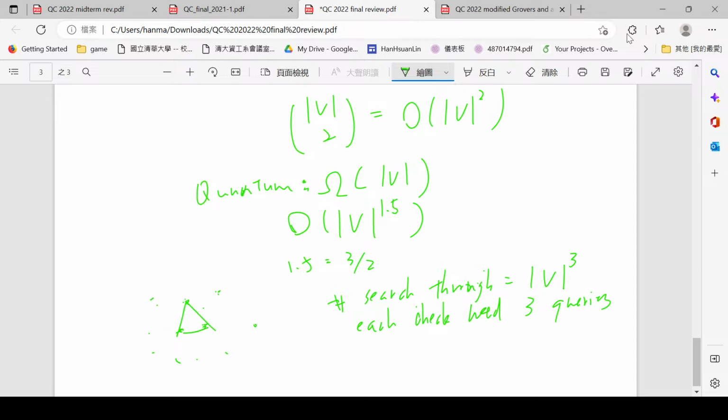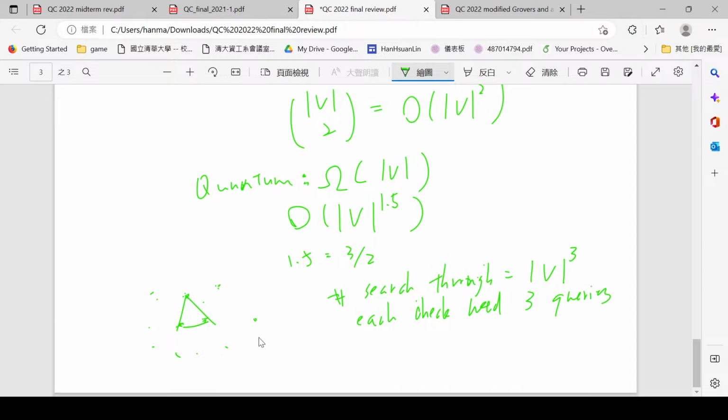Now you go through and search all triplets, so the number of queries is order square root of v cubed, times 3 for each check, but 3 is a constant.